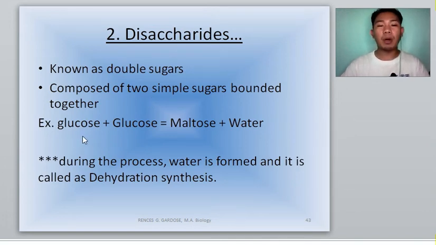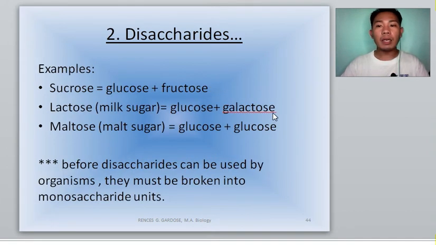Just like, for example, glucose and another glucose form maltose and water. So during the process, water is formed and it is called dehydration synthesis. Another example of disaccharide is sucrose, which is a combination of the monomers glucose and fructose.